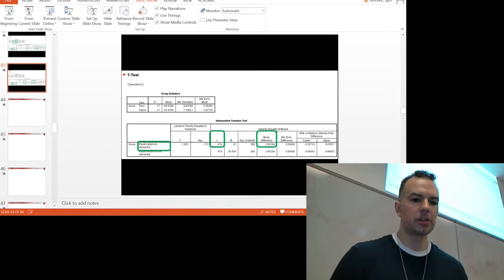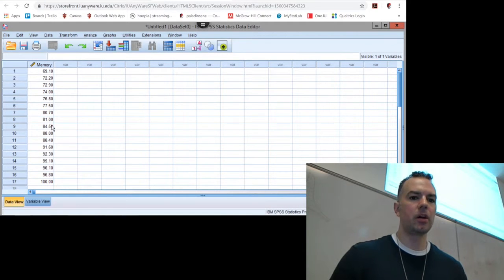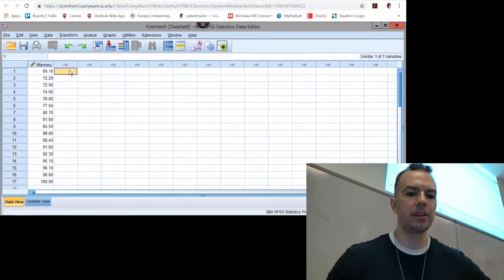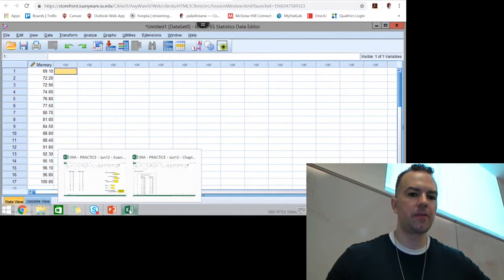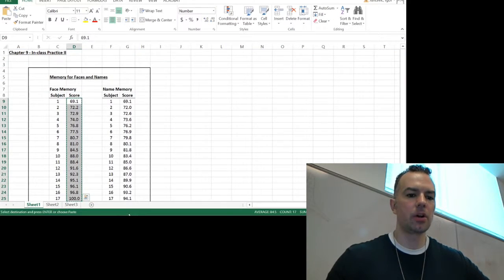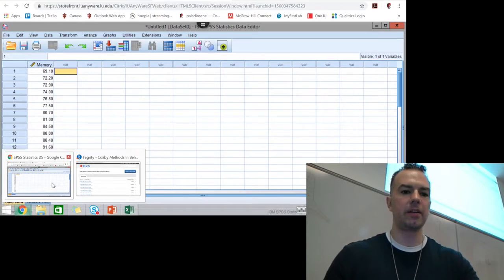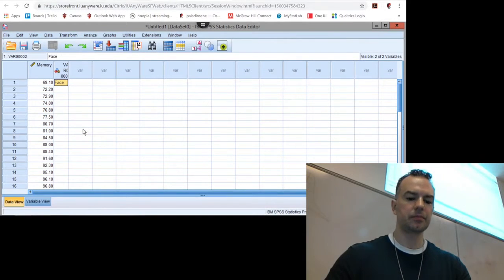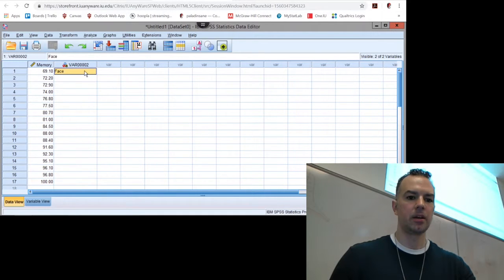That'll be good enough. All right, so we got memory here, and then we also want to let SPSS know where these scores came from. So these were the face scores. So in SPSS here, we are going to write face to identify each of these scores as belonging to the face group, and we're going to fill that all the way down.